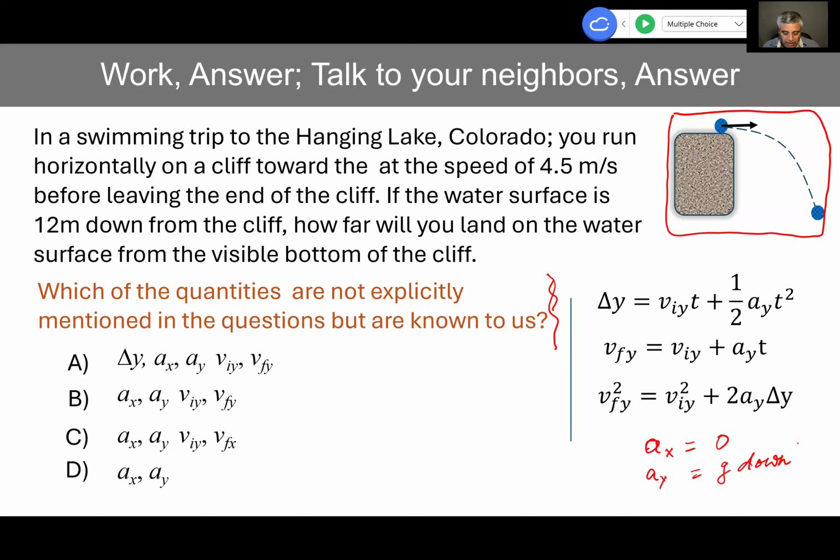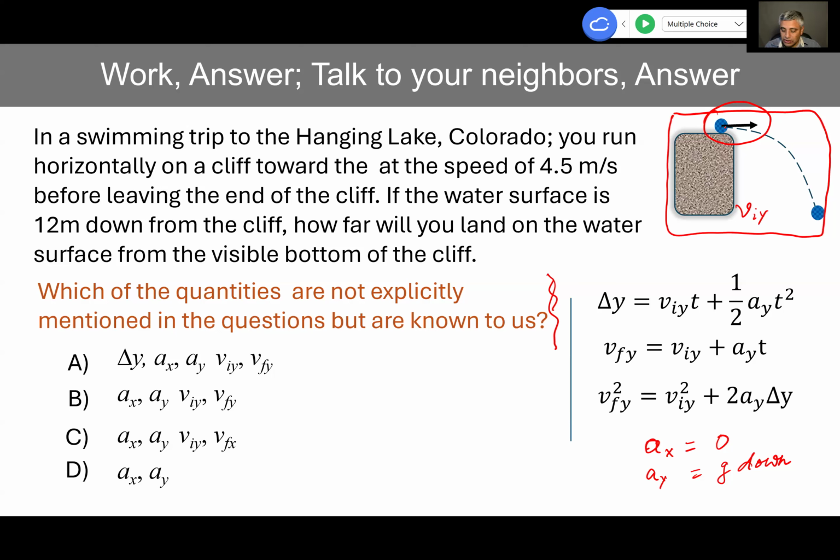So I think in this case, the way I asked this question, D would be the correct answer. But there are other things we also know in a projectile motion problem once we read the question, okay, and pay a little bit of attention. For example, a_x, a_y, they are already known. And in this case, once we read the question, what happens? We know the initial velocity in the y direction in this case is 0. v_iy in this case is going to be 0.